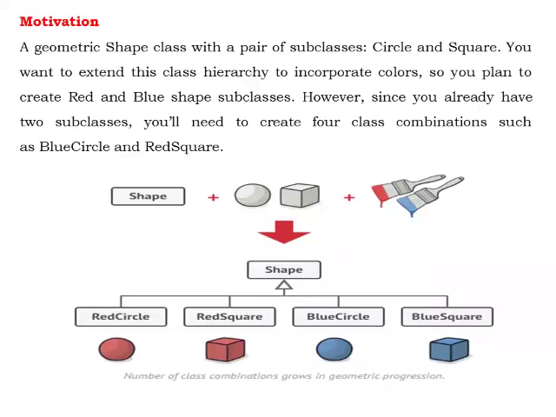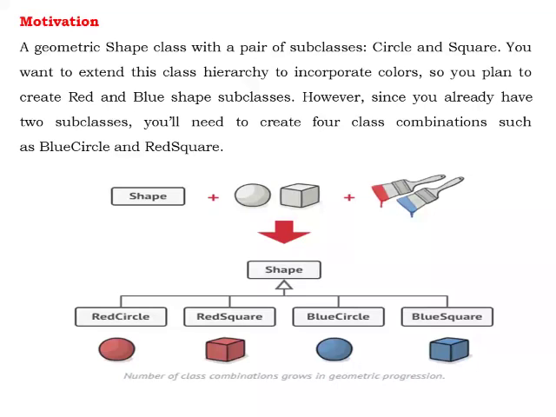Coming to the motivation, here we are going to see the example of a geometric shape class with a pair of subclasses. So here we are seeing a shape, and for that we have subclasses circle and square. Now we want to extend this class hierarchy and incorporate colors into the shape.